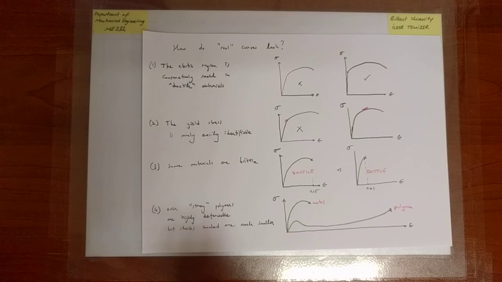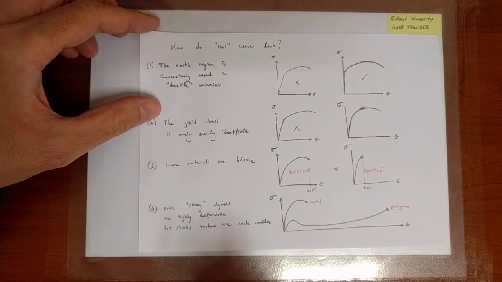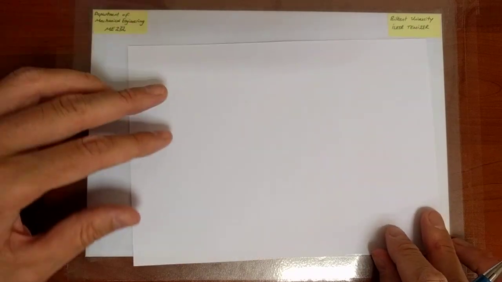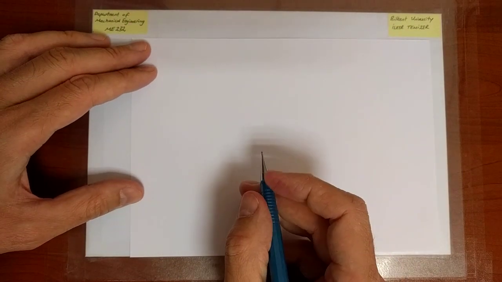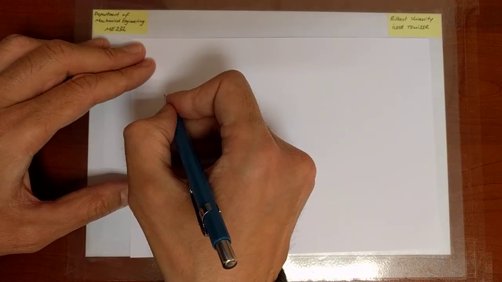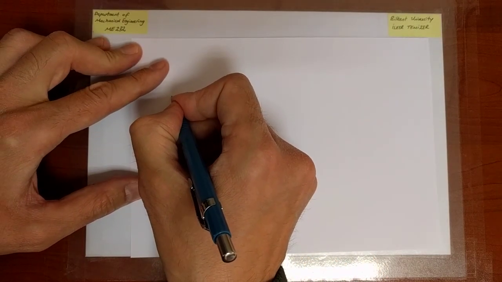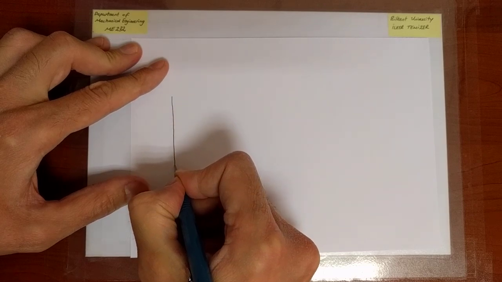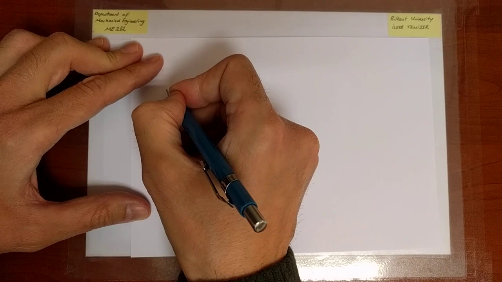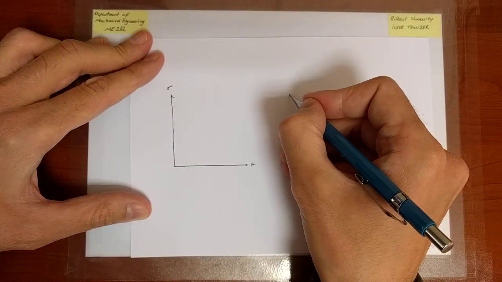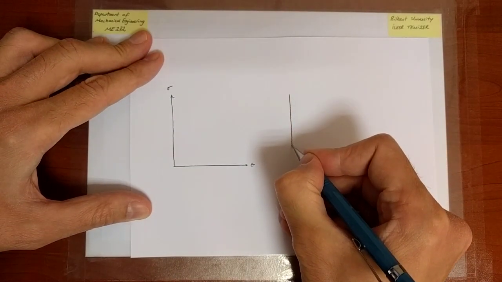All right. Well, there are a few other things that we can certainly emphasize, and that is associated with how the test itself is carried out. Okay, so what I'm going to do is take, if you like, a metal specimen on the left and a polymeric specimen on the right.